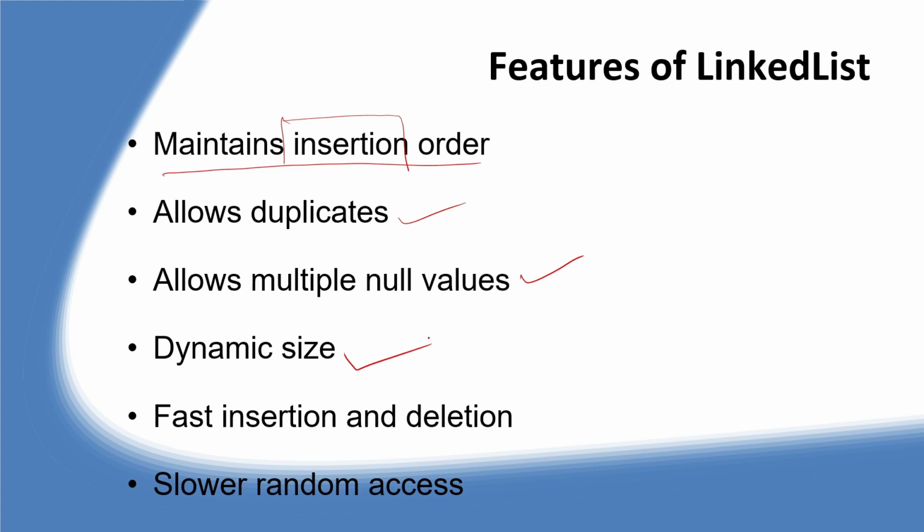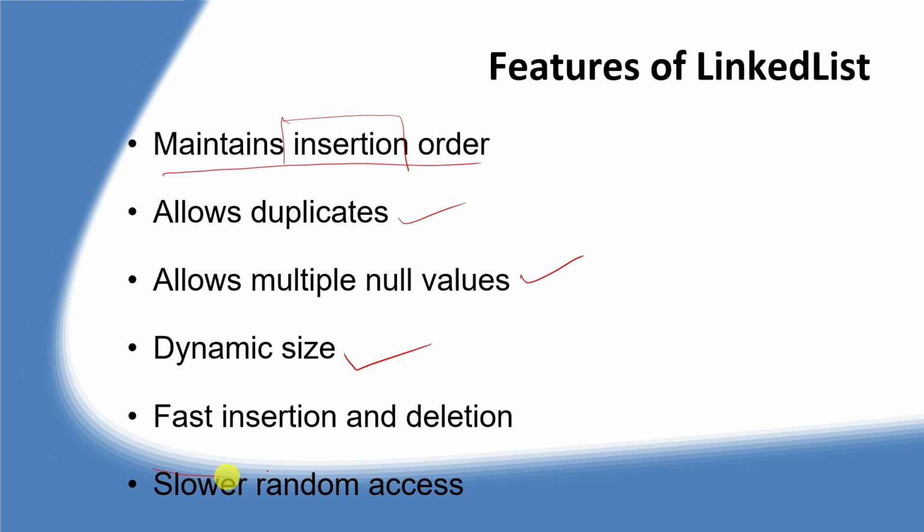So we can perform insertion and deletion very frequently and efficiently. But accessing elements by index is slower. Why is accessing of elements slower? Because a linked list must traverse through the nodes in order to access the elements. So that's why accessing of elements is slower.